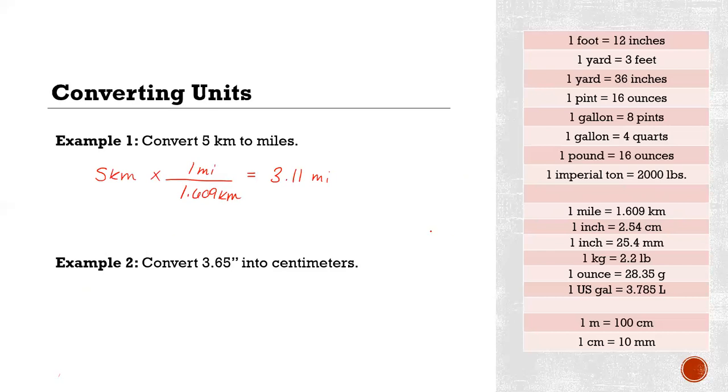There we go. So looking here, we want to go from inches to centimeters. So there's our conversion. So 3.65. To go from inches to centimeters, we're going to put the inch on the bottom and the centimeters on top. So 1 inch on the bottom and 2.54. This is another one you should memorize.